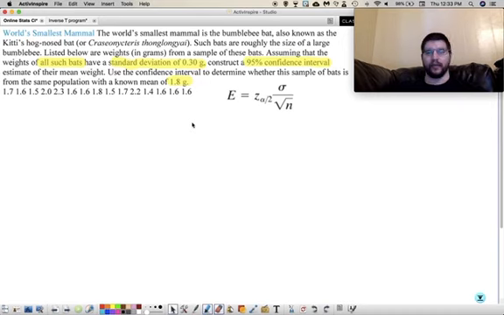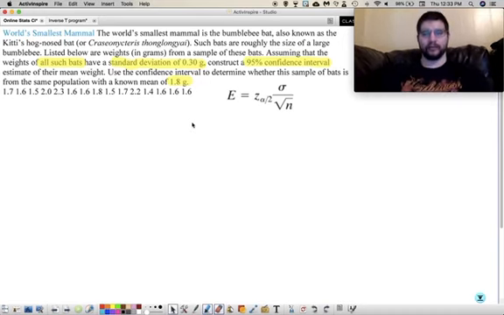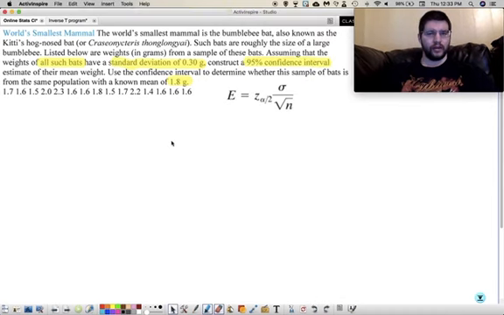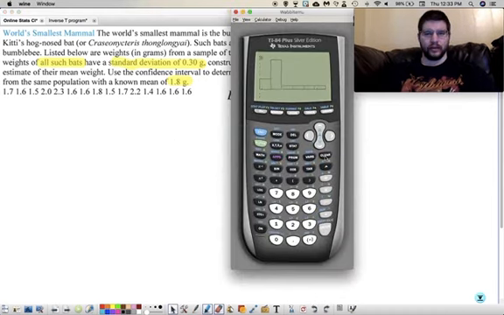Again, if the problem asks you to construct a confidence interval, it doesn't say, can you construct the confidence interval? You can. So these weights are normally distributed for the population, I guess. Not so much for the sample. If it's normally distributed, it should be like a bell shape. Anyway, we're going to continue working and assuming that it's normally distributed.